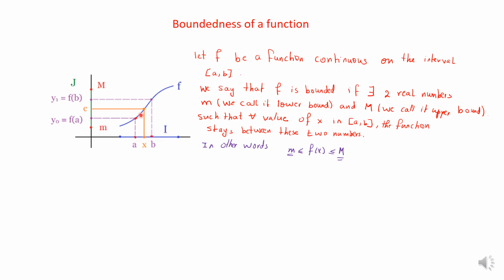Every point on the blue curve is trapped between the horizontal lines m and M. Small m means the lower bound and capital M means the upper bound.